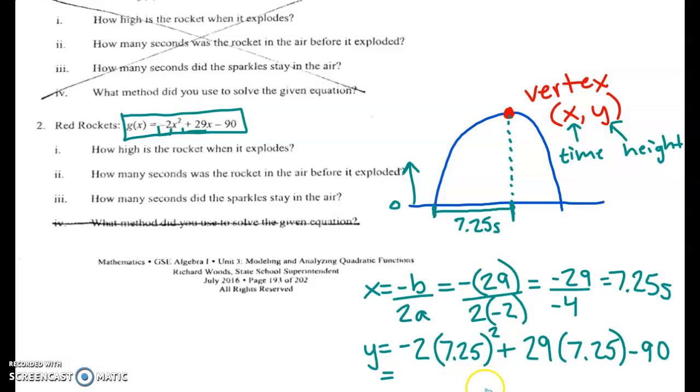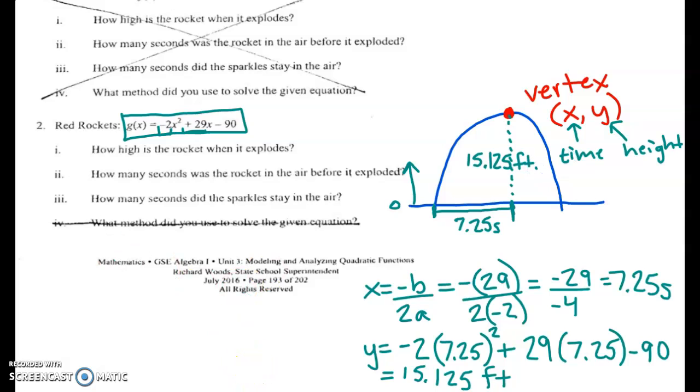Negative 2 times 7.25 squared plus 29 times 7.25 minus 90 equals, I'm getting 15.125. Now, what's our unit on this? This was height, which for this scenario was measured in feet. So that means this firework from the ground to where it exploded was 15.125 feet high.